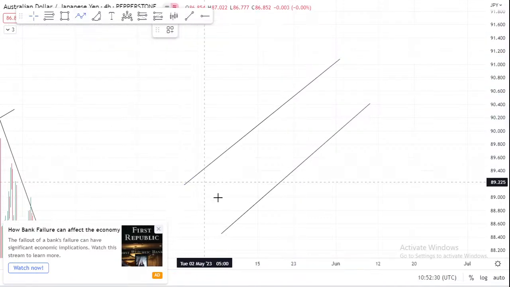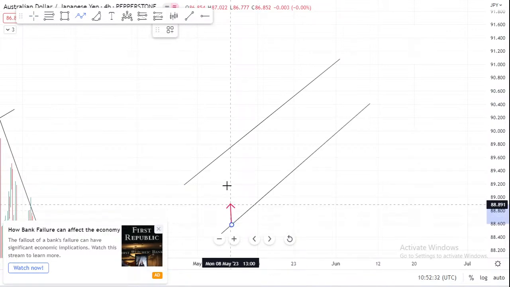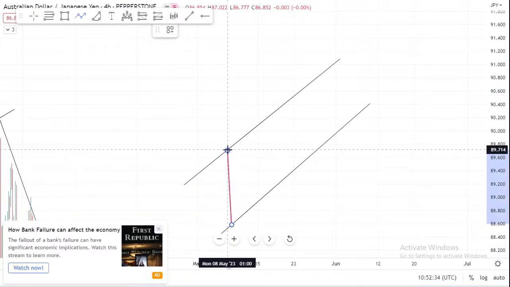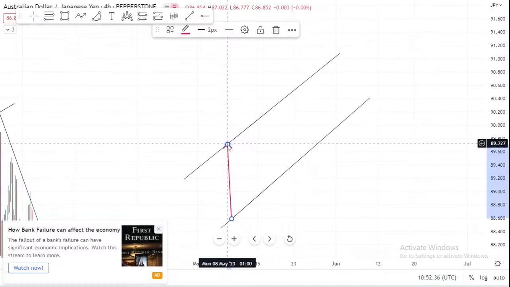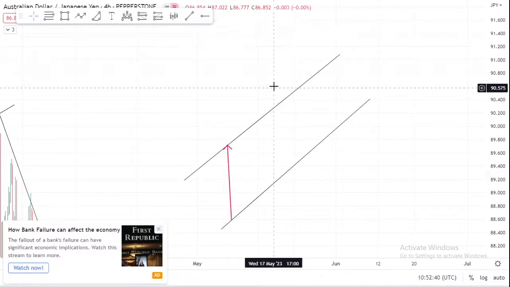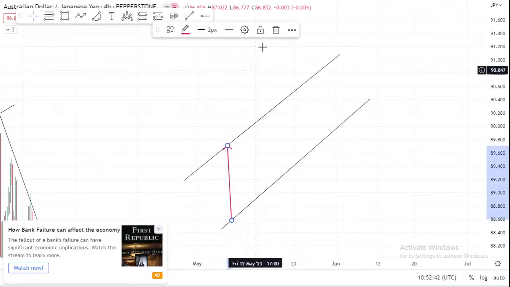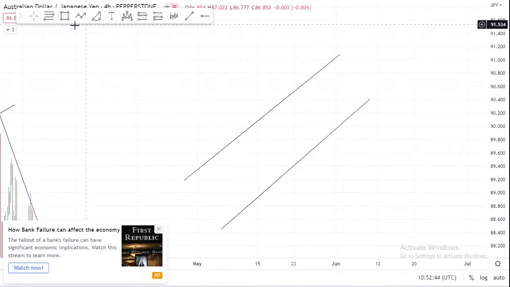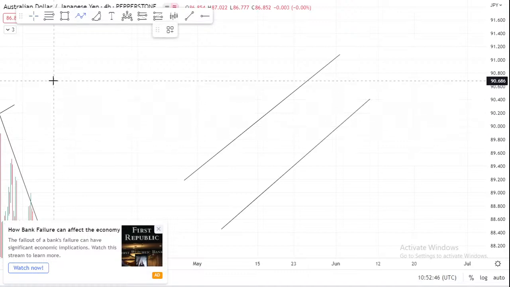Let's say that this was our trend. The market coming right down. Let me start with the downward trend.